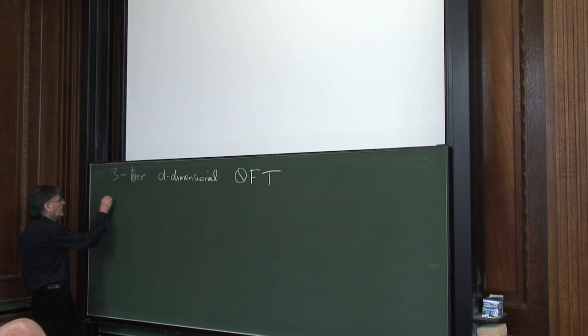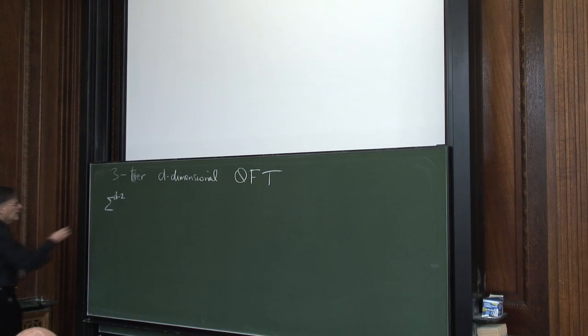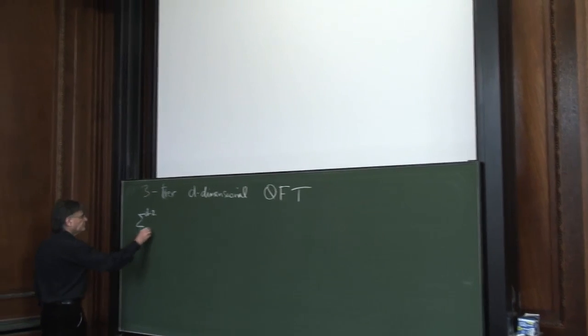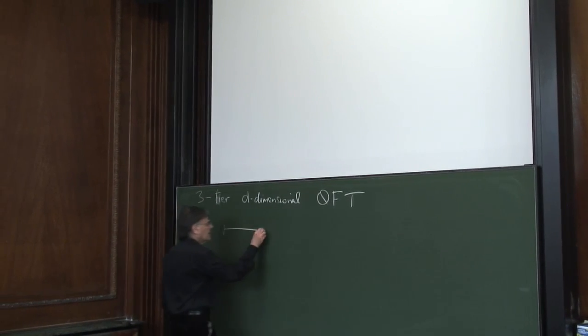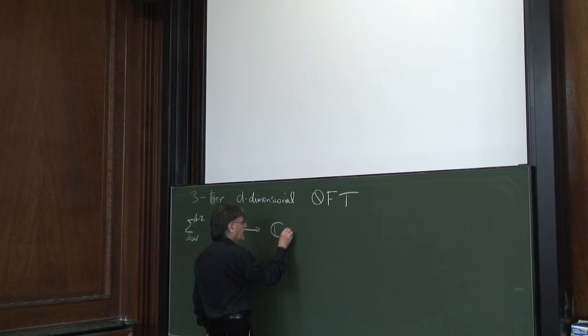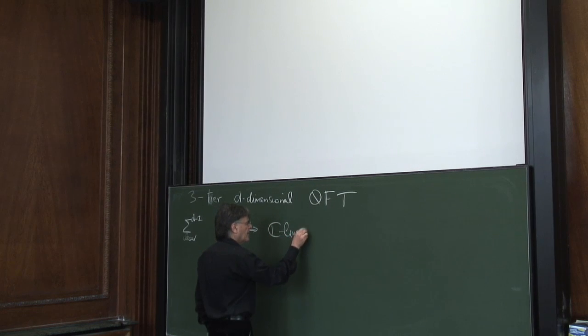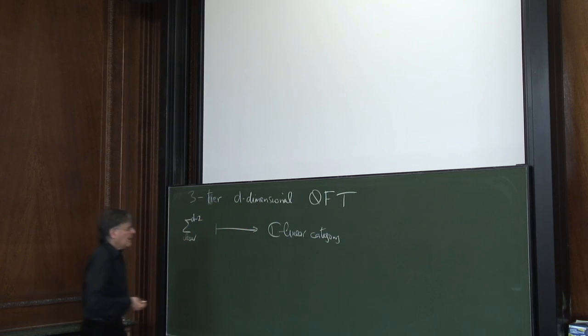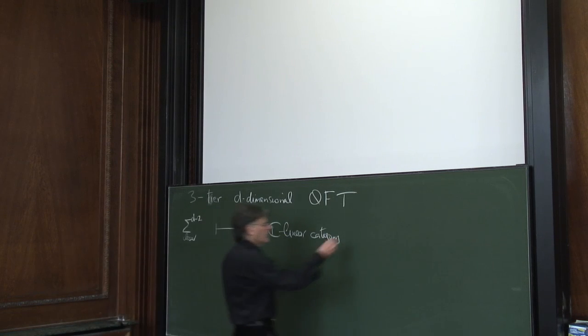And we start off in dimension d minus 2, a closed manifold sigma. And we associate with this some kind of complex linear category, which are called C sigma.